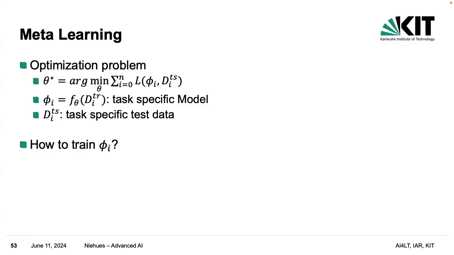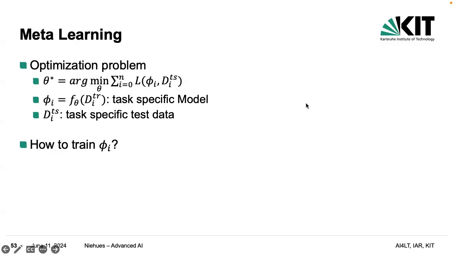So in this case, what we want to optimize is a bit different. We don't want that, for one sample, the prediction is very similar, but our initial parameters should be such that the loss of the final model, calculated on the task-specific test data, is minimal, so that you have a good starting point to learn your final model.